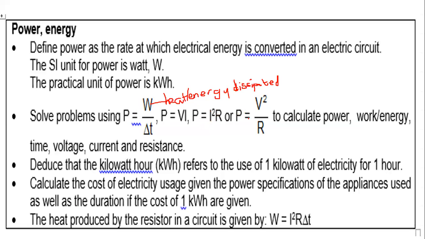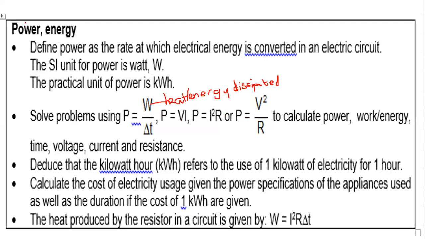Or power is equal to V squared over R, where we know the V is the voltage, the potential difference, divided by R, which is the resistance. So it will depend what has been given to you, and you can use any of these four formulae in order to calculate the value of power, right?